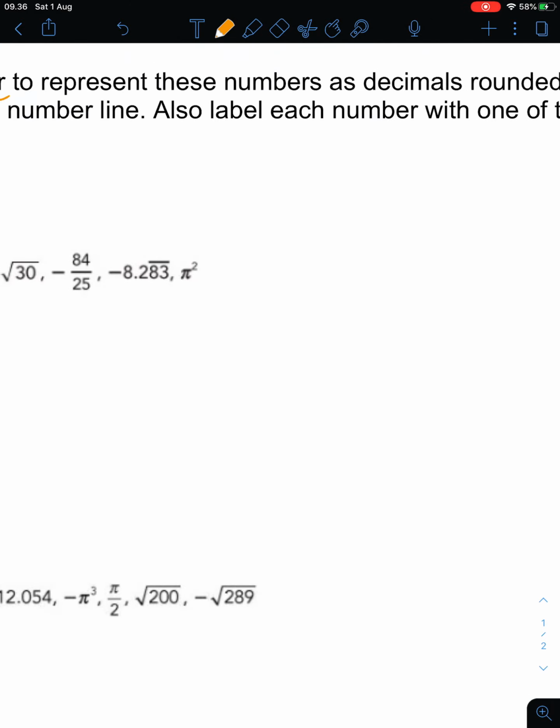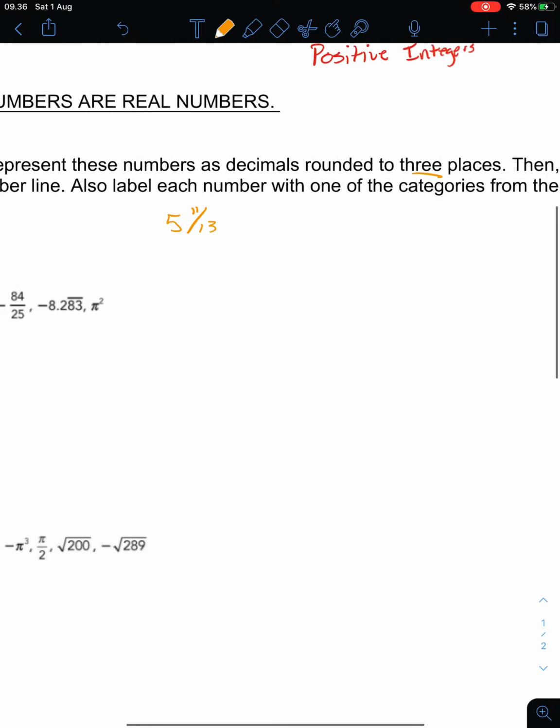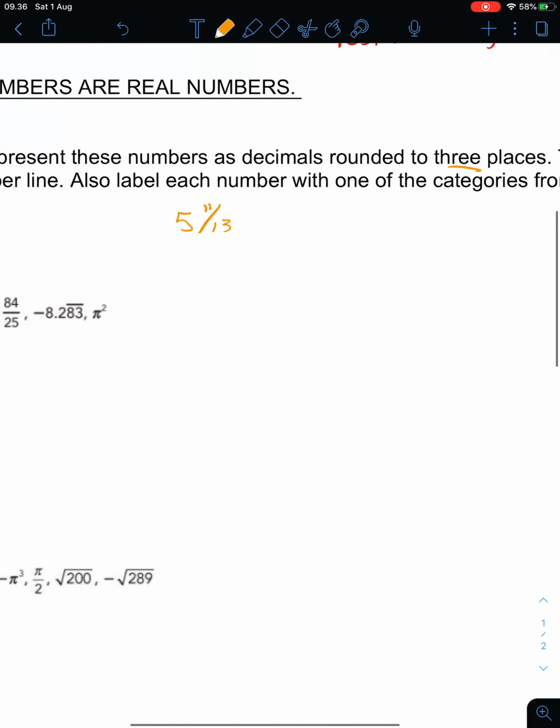All right, so I'm gonna look at 5 and 11/13 first. I'm going to write this as a decimal. This is equal to, I'm using a calculator here, 11 over 13 is 0.846. So 5 and 11/13 is 5.846.